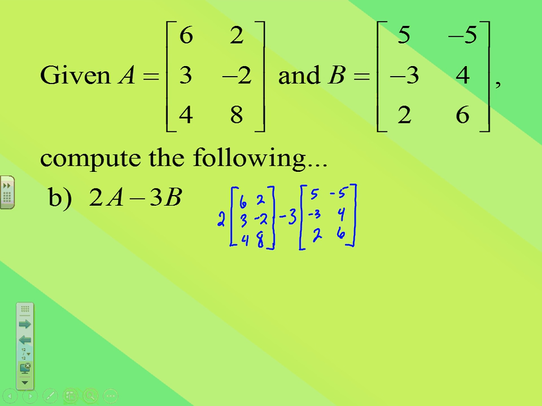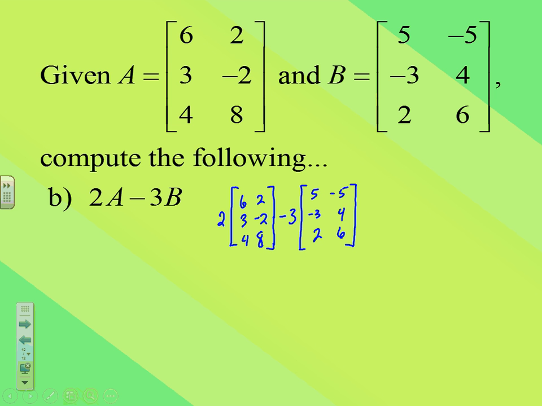Okay? So just like distribution or multiplication in a normal order of operations algebra problem, I'm going to take the 2 that's being multiplied to matrix A and do that first. Then I'm going to take the 3 that's multiplied to matrix B, and do that. And when I'm done, I'm going to then combine the elements through subtraction.